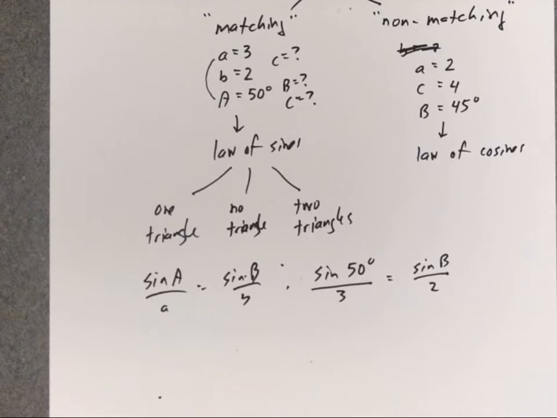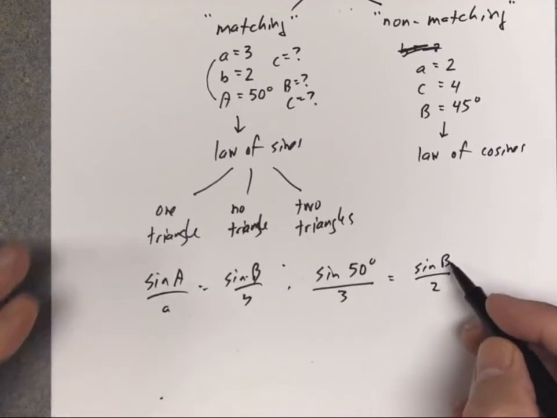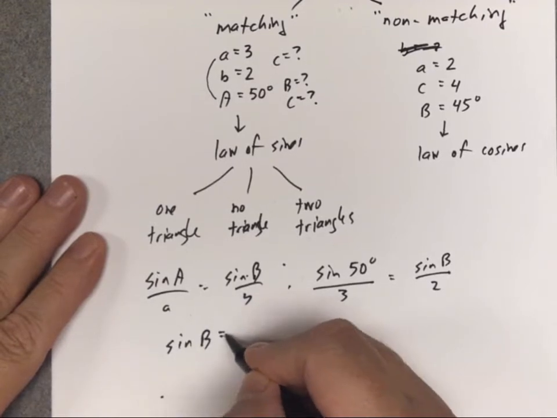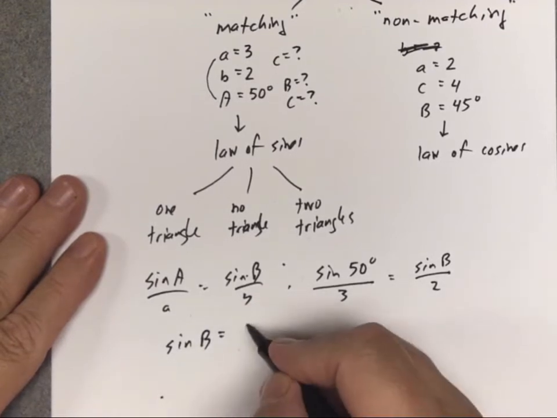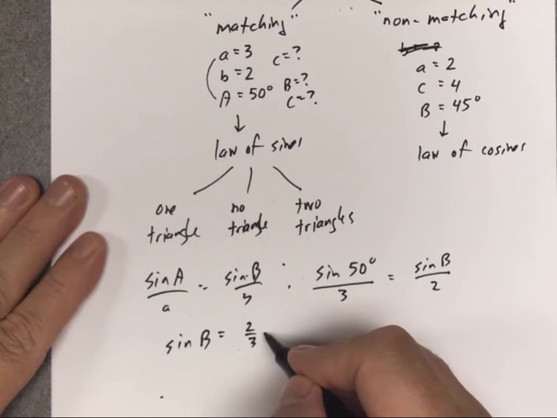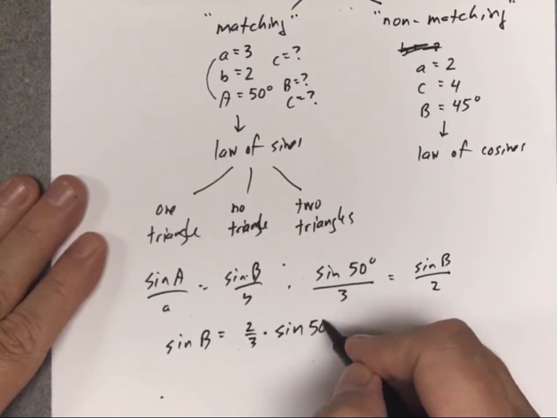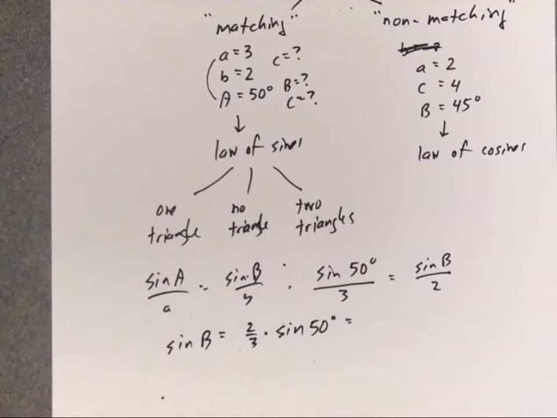So here's what I have, and now you notice the only thing I don't know is sine B, so I can calculate sine B. It's going to be 2 divided by 3 times sine 50 degrees. So grab my calculator. Sine of 50 degrees times 2 divided by 3.